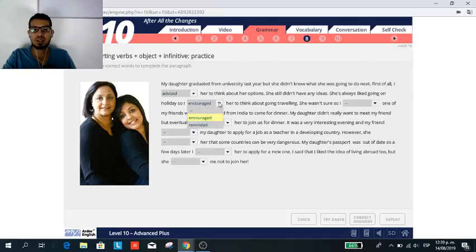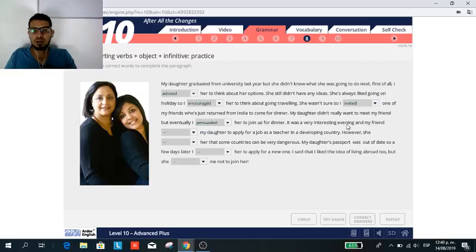Maybe reminded, no. She wasn't sure, so I invited one of my friends who's just returned from India to come for dinner. My daughter didn't really want to meet my friend, but eventually I persuaded her to join us for dinner.